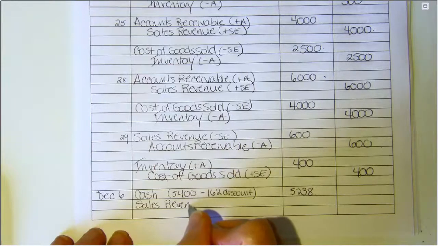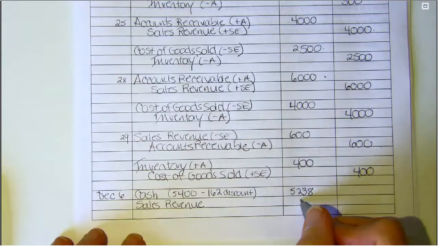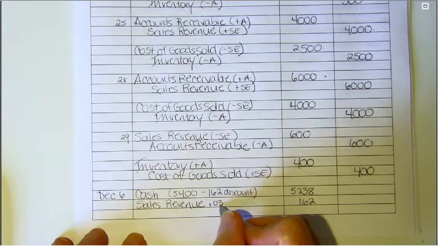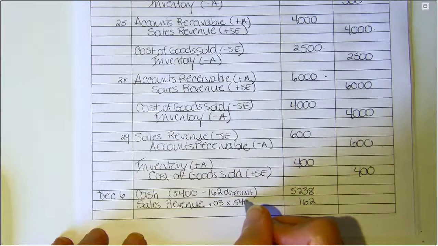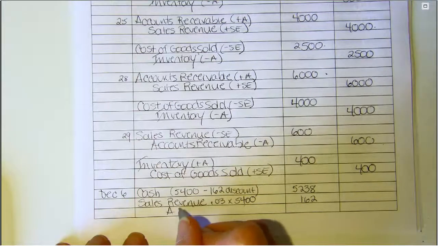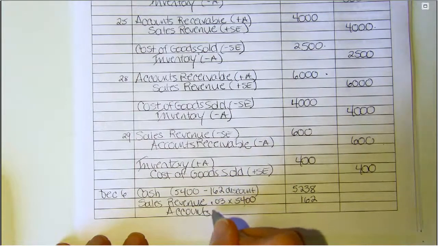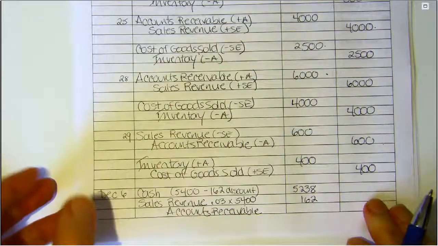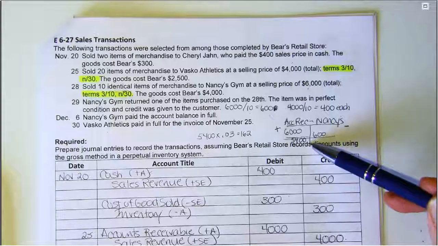That's the money you're not going to receive. 162, and if you want, you can show the calculation of the discount there. 3% times 5,400, because you can only take the discount on the goods that you kept. 6,000 minus the $600 return. And then we're going to credit accounts receivable for the total amount that she owes you, for the $5,400.